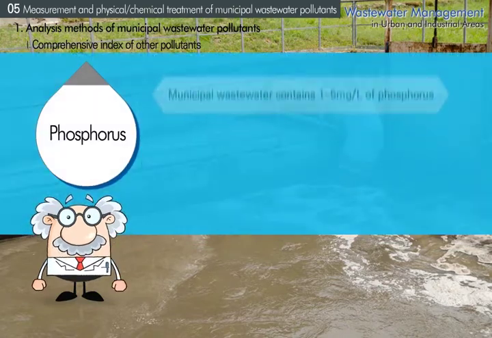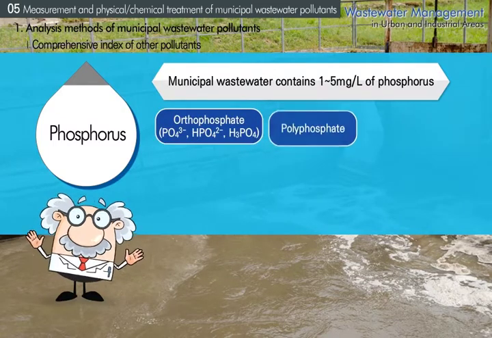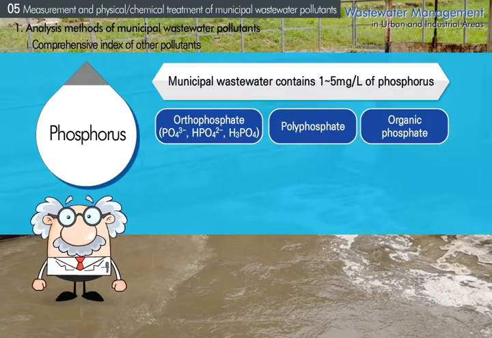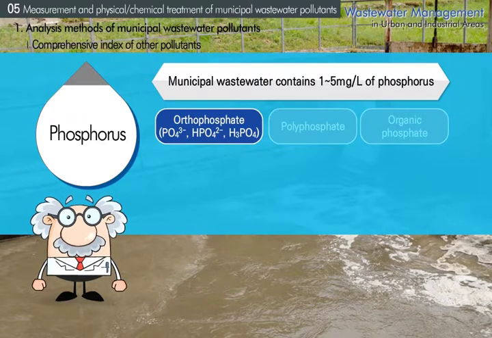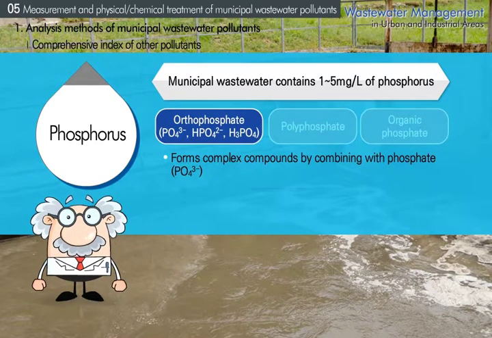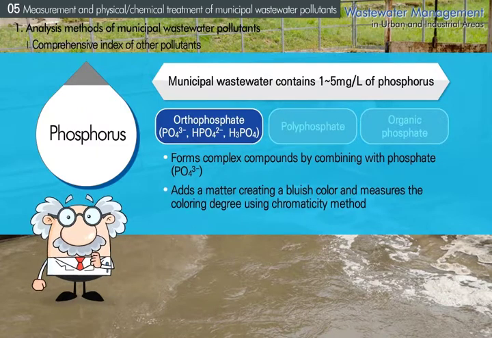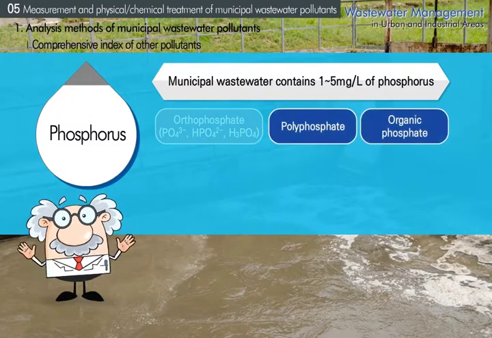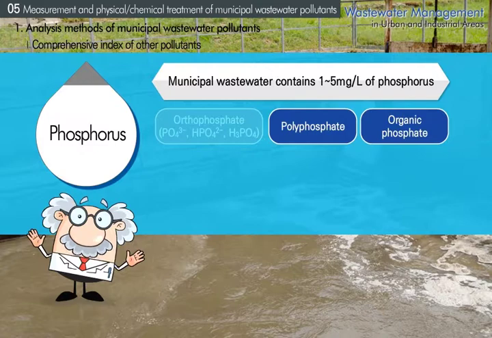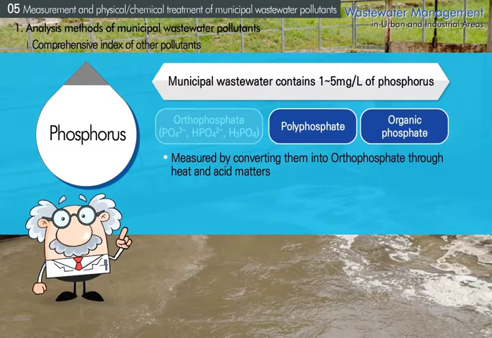As for phosphorus, 1 mg to 5 mg per liter exists in municipal wastewater, in a form of orthophosphate, polyphosphate, organic phosphate, etc. Here, orthophosphate can be measured by chemically combining it with phosphate to form complex compounds, adding a matter such as ammonium molybdate that creates a bluish color, and by measuring the coloring degree using chromaticity method. Polyphosphate and organic phosphate is measured using the same method by converting them into orthophosphate through heat and acid matters.